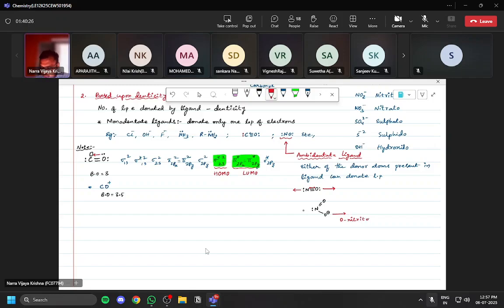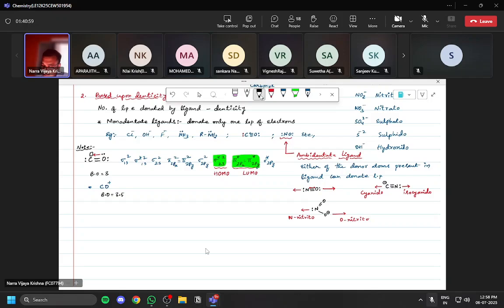If nitrogen acts as a donor, N-nitrito. In C triple bond N, nitrogen has a lone pair, carbon has a negative charge. If carbon acts as a donor, cyanido. Isocyanido if nitrogen donates. This one, cyanido.